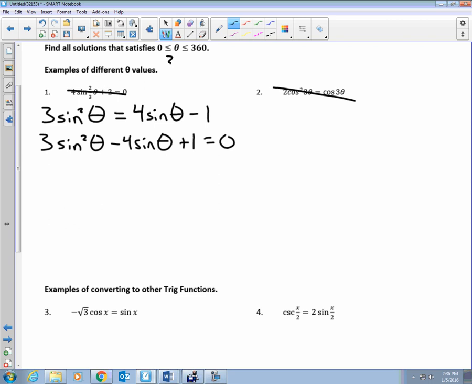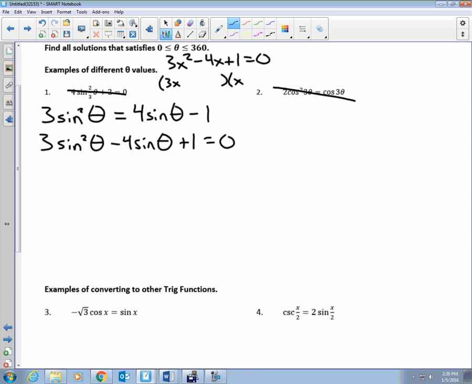Suppose this looked like 3x squared minus 4x plus 1. Does that factor? What times what is 3x squared? 3x times x. Okay, what times what is 1?